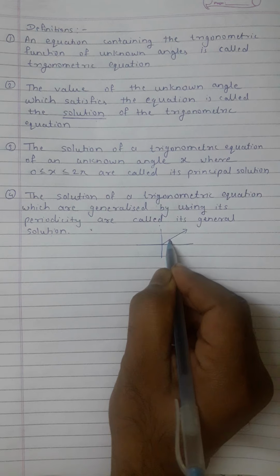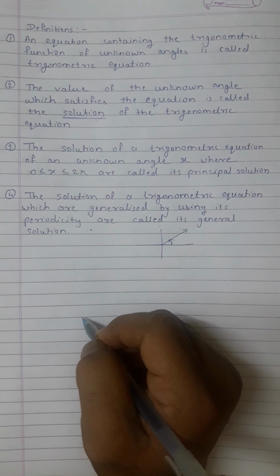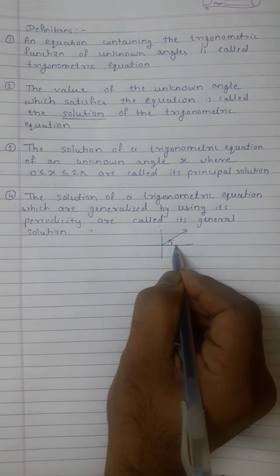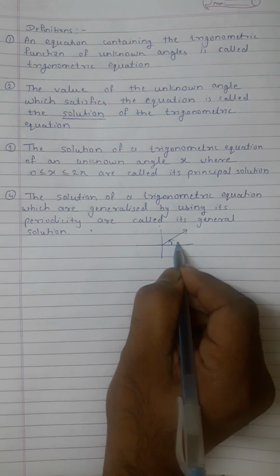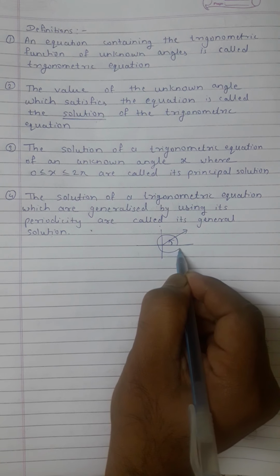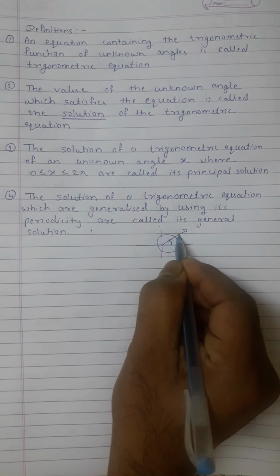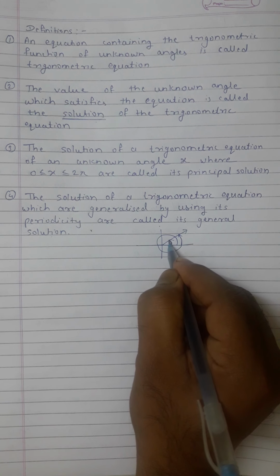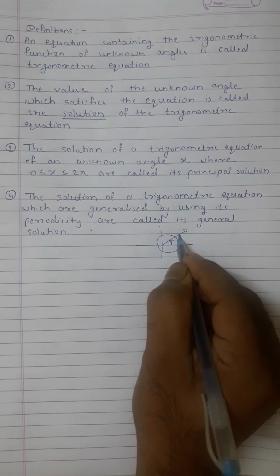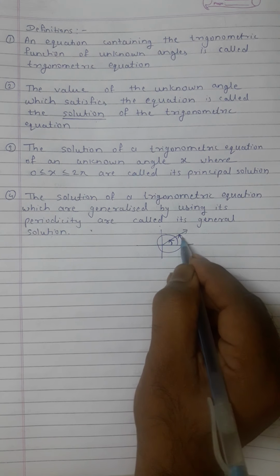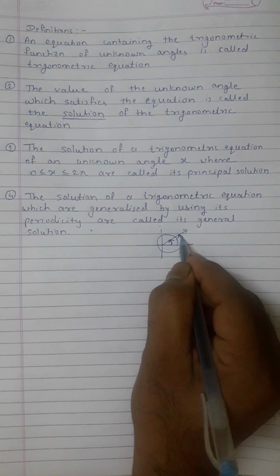Suppose this is the angle, then the angle starts from here, makes one complete rotation, and the same angle is traveled again. These two angles are periodically the same.